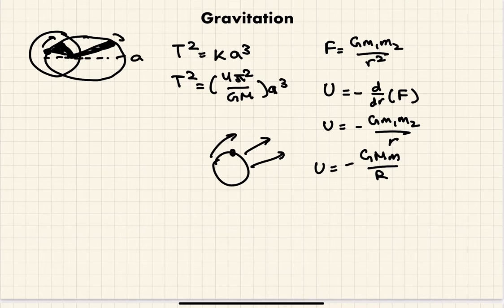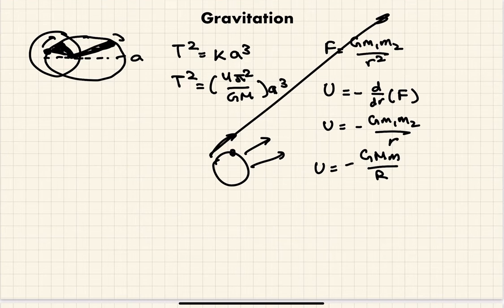I'm just using capital letters and lowercase letters to denote mass of planet, radius of planet. What's the kinetic energy? Well, that's what we want to find out. If we're trying to find the escape velocity, velocity has to do with kinetic energy. What conservation of energy says at this point is the total energy at infinity is zero. The potential energy at infinity is also zero, but that's only if the kinetic energy at infinity is also zero.